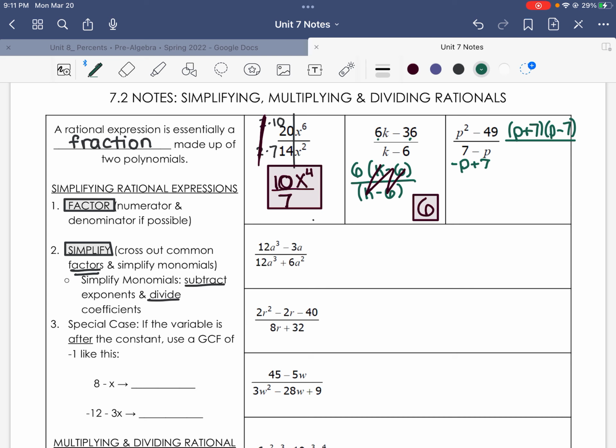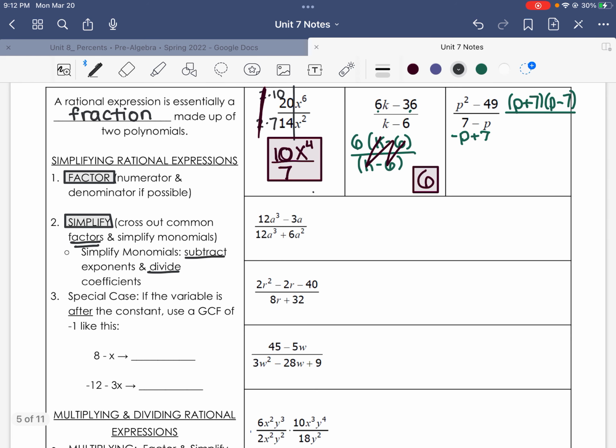And before I go any further with this one, I want to take a pause, come back over here to the left. Number 3 is our special case. If the variable is after the constant, like this one is negative x plus 8, then you need to use a greatest common factor of negative 1. Or something different if you need to.